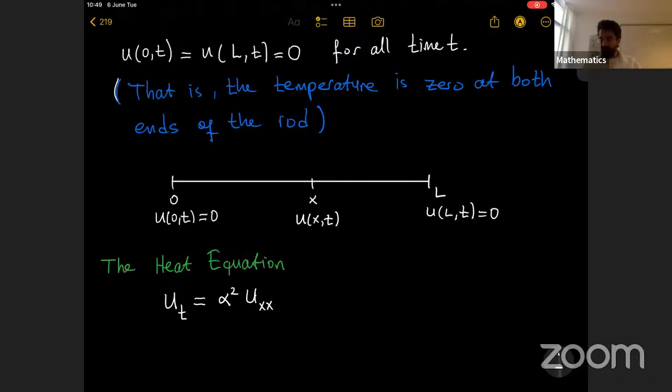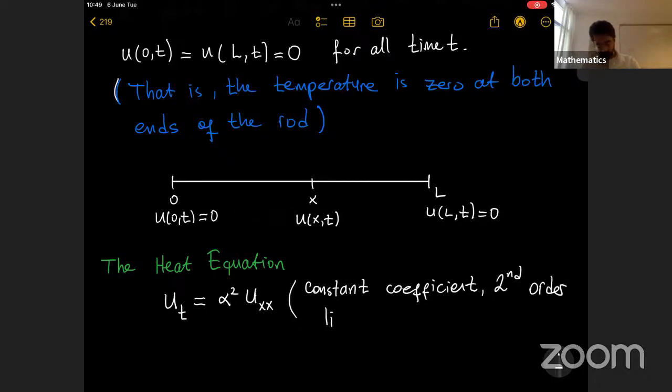And it's a constant coefficient second order linear PDE, second order because we differentiate twice with respect to x, linear because we don't have mixed terms, okay.